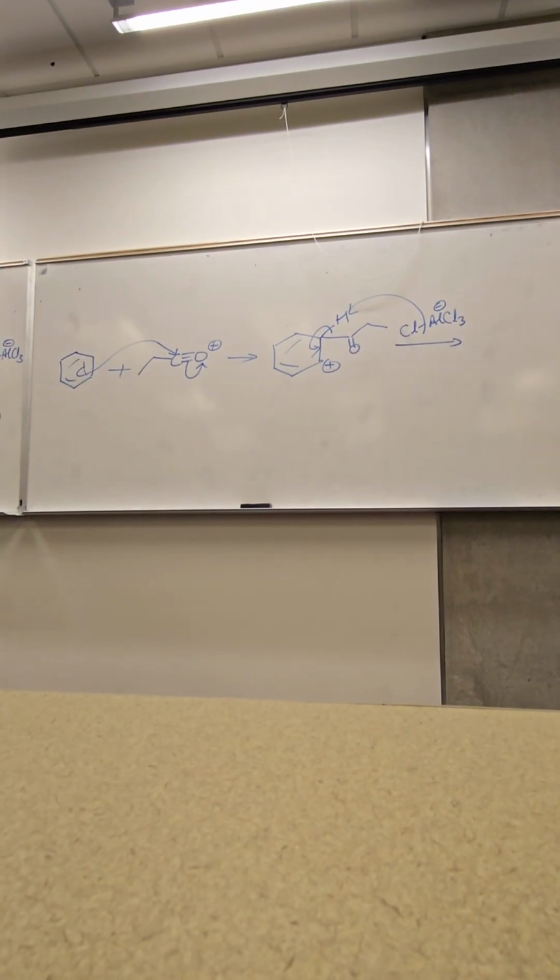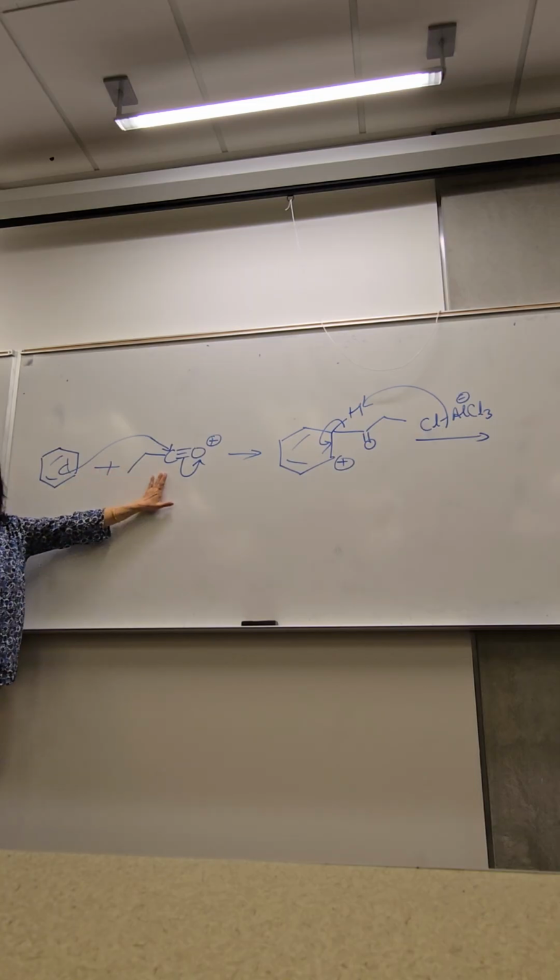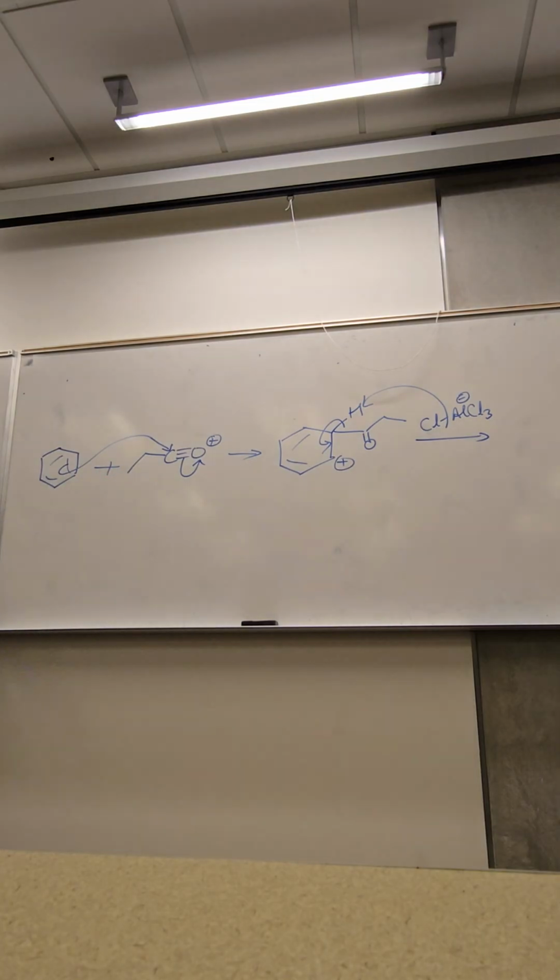So the electrophile in Friedel-Crafts acylation reactions is this acylium ion, which is resonance stabilized. Once again, I chose to write this resonance structure. You could have written it with that resonance structure. That's totally fine.